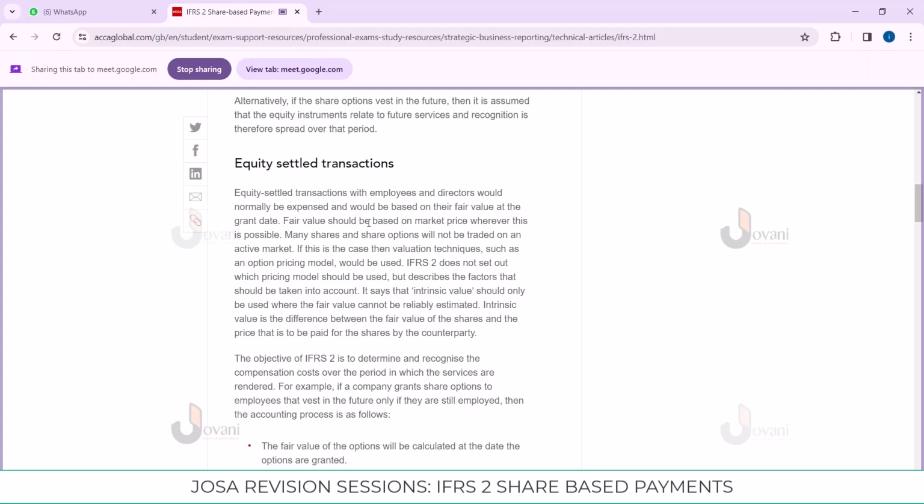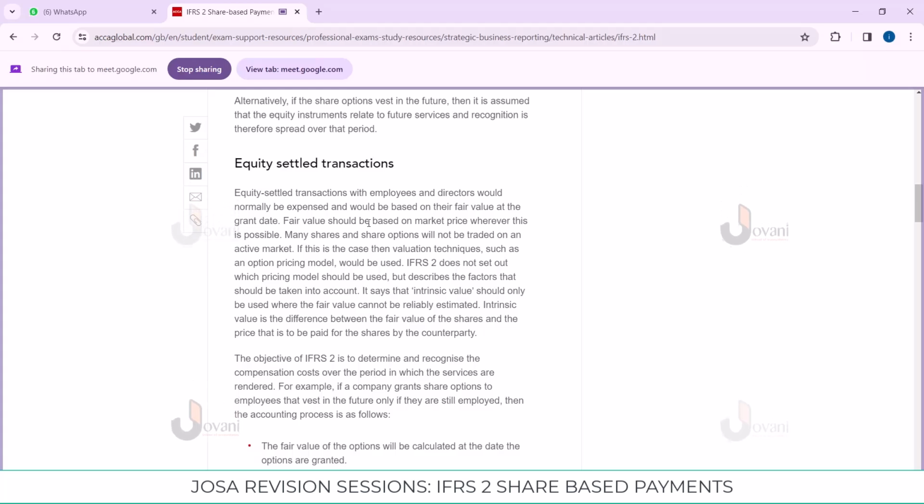Okay, so as we said, we have two types: equity and cash. Let us look at what the technical article tells us about equity settled transactions. It says that equity settled transactions with employees and directors would normally be expensed and would be based on their fair value at the grant date.